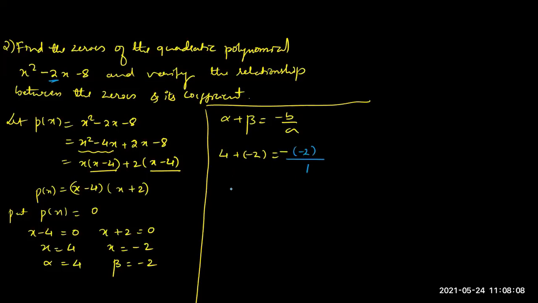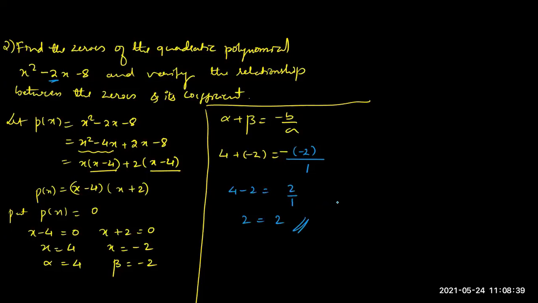So 4 minus 2 is equal to 2 by 1. So 2 is equal to 2. So LHS equals RHS. Or else, as you solved in the last example, you can write coefficient of x divided by coefficient of x square, constant term by coefficient of x square.